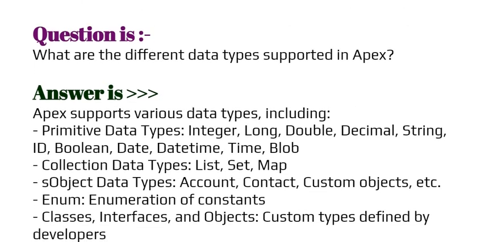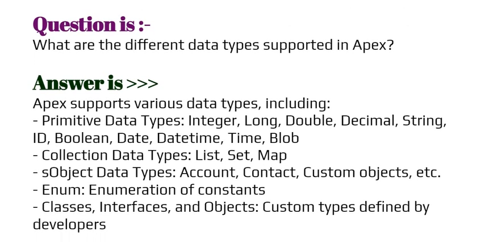Our next question is, what are the different data types supported in Apex? Your answer should be, Apex supports various data types including primitive data types: integer, long, double, decimal, string, ID, boolean, date, datetime, time and blob.